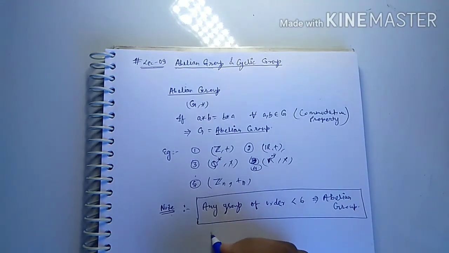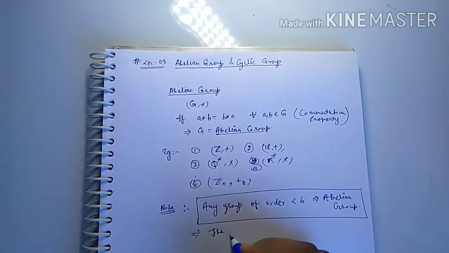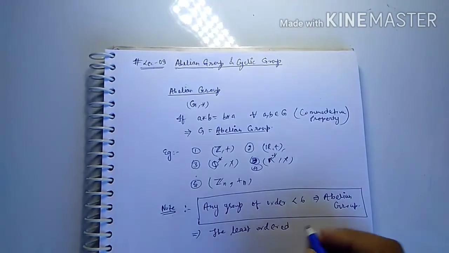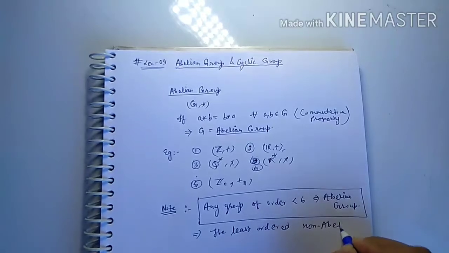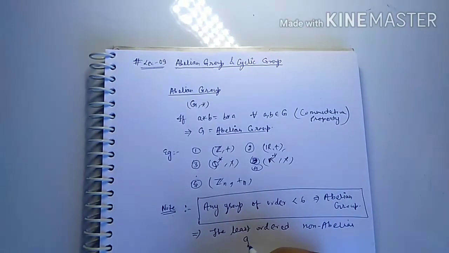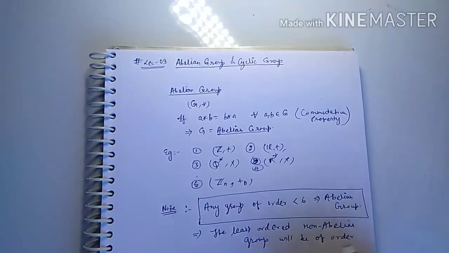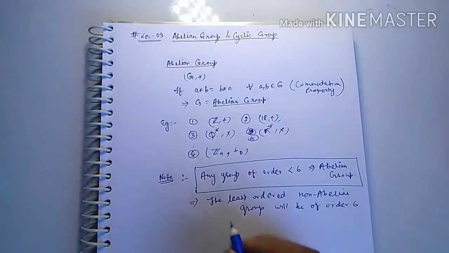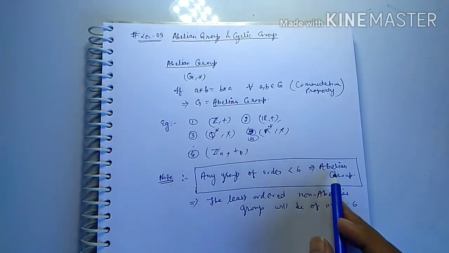And this will imply that the least ordered non-abelian group will be of order 6, because any group of order less than 6 is an abelian group.